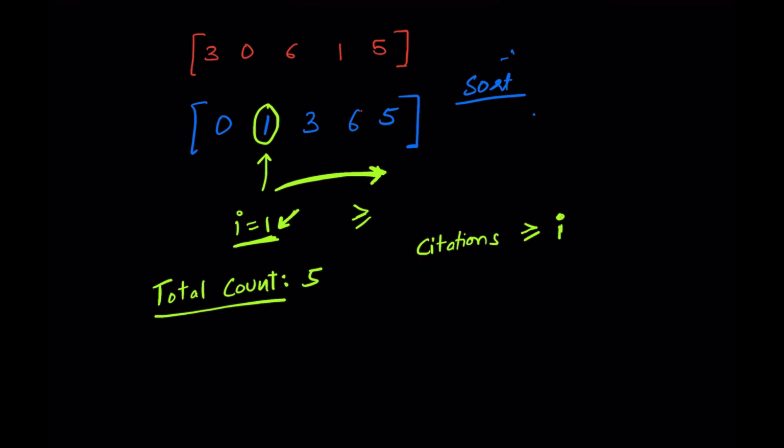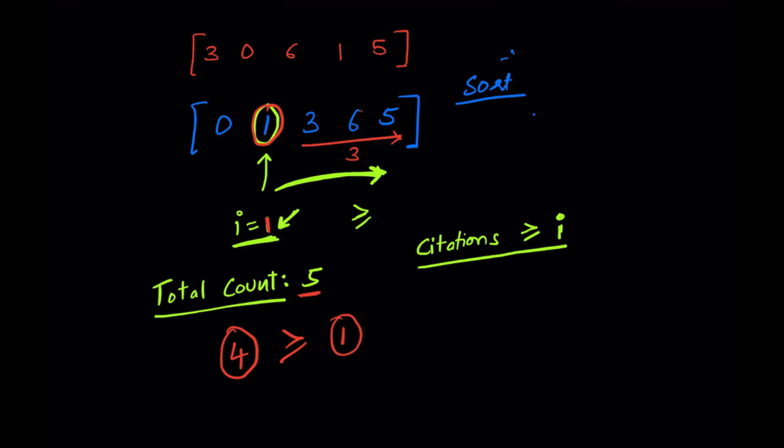By applying simple math, we can calculate how many papers in the collection have citation counts greater than or equal to the current value. With 3 elements to the right side of i and including the current element itself, there are a total of 4 papers whose citation count is greater than or equal to 1, that is, the value at i.